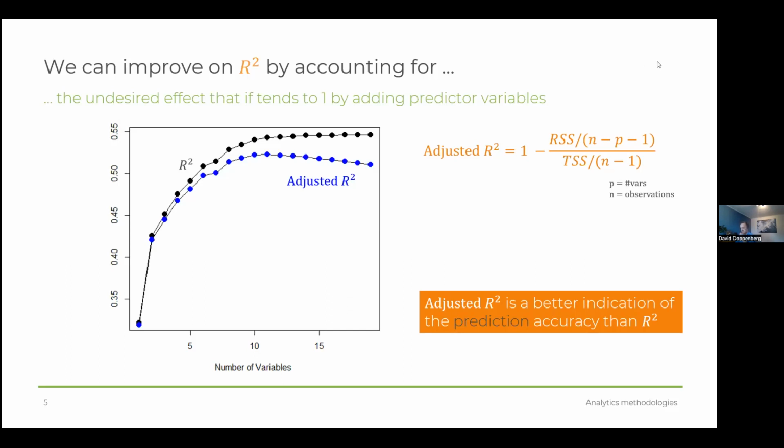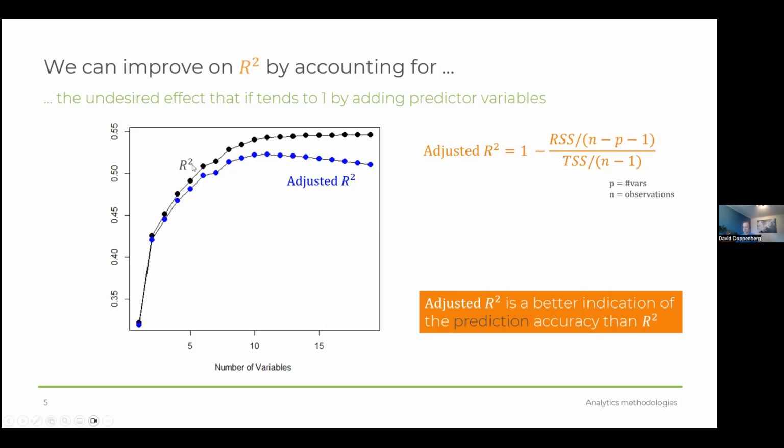What happens here is that when I start increasing the complexity of my model by adding more variables, I basically penalize the performance by saying, okay, if I add more variables, then I also should expect a way better performance of my model. If the increase in my model performance is not good enough, then I should penalize my model. And that's what you see here.